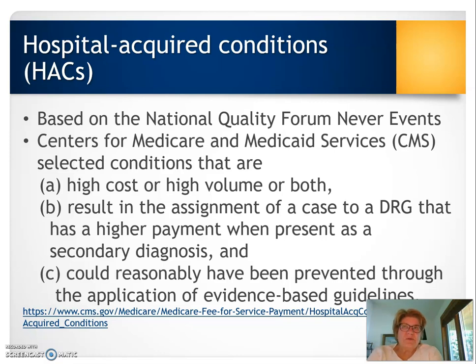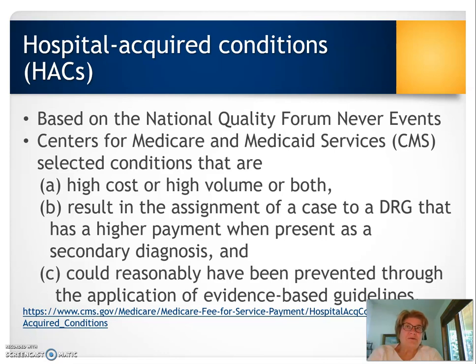So as you remember, if you think back to the beginning of the semester, we talked about measures and effective measures, and you look at evidence-based practice. And due to complexity, variety, and non-standardization, some national forums started to formulate measures of things that shouldn't happen.